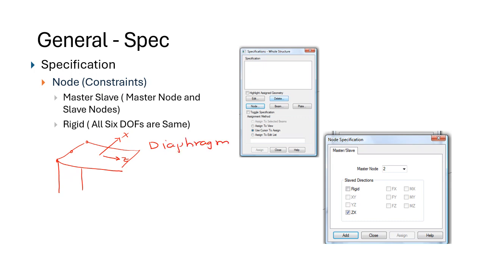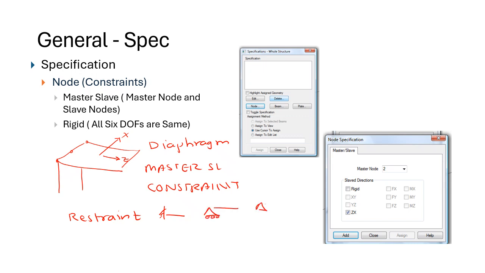Here it is instead called master-slave. So these are called constraints. We have two aspects in a software structure analysis. We call restraint, which is a boundary condition, supports like fixed supports, roller support, pin support.